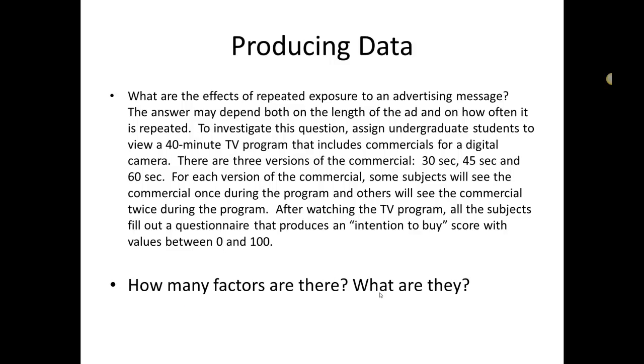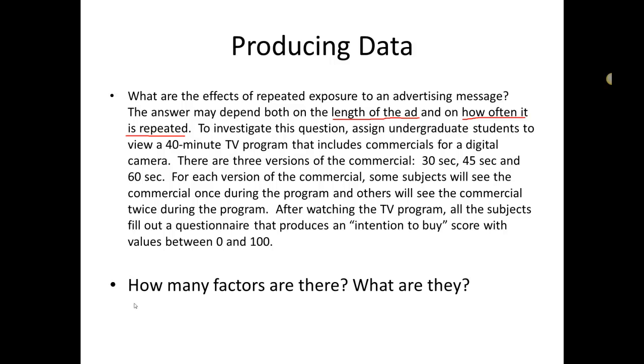All right, next question. How many factors are there? And we can kind of see the factors right in the second sentence here. It said the answer may depend on both the length of the ad, that's factor number 1, and on how often it is repeated. So those are the 2 factors that we're interested in. We're looking at how long the advertisement is and how often the subjects are going to view this ad.